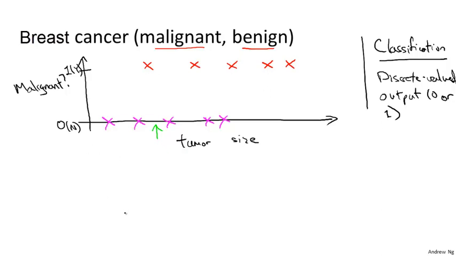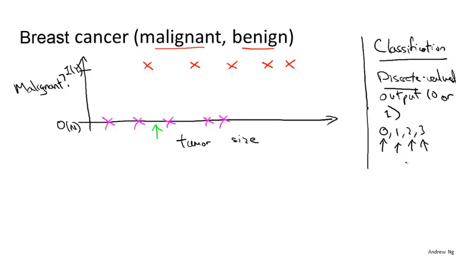In some examples, we may have a small number of discrete valued outputs, maybe taking on values 0, 1, 2, 3, if there are maybe three types of breast cancer tumors. If you have a small number of possible outputs, but discrete valued ones, then we call that a classification problem. So if you have no tumor, or tumor type 1, or tumor type 2, or tumor type 3, that would be a classification problem as well.